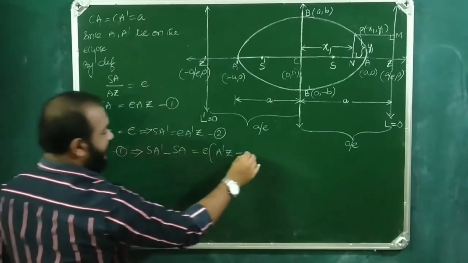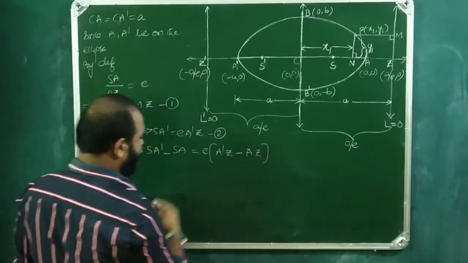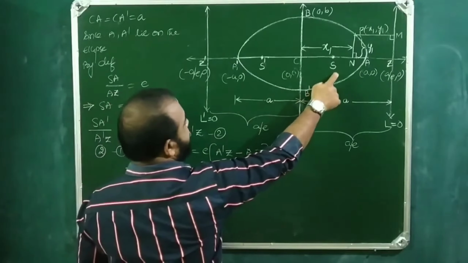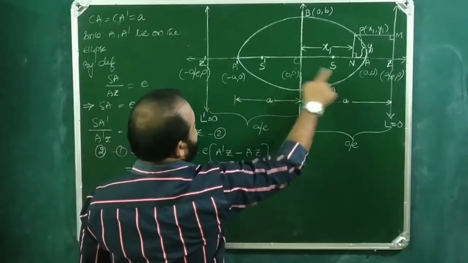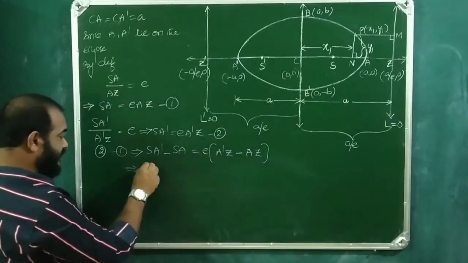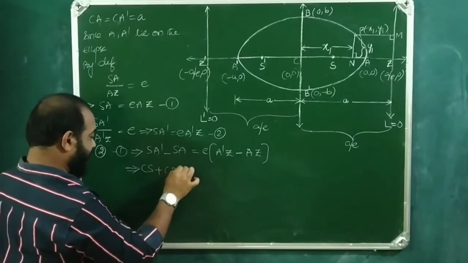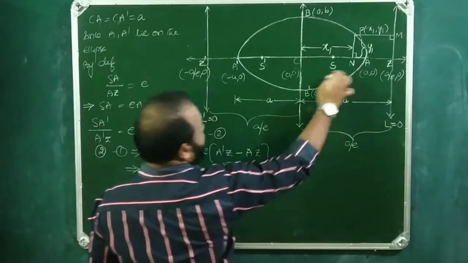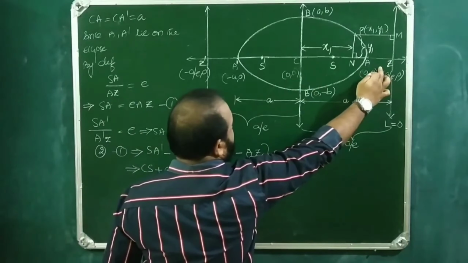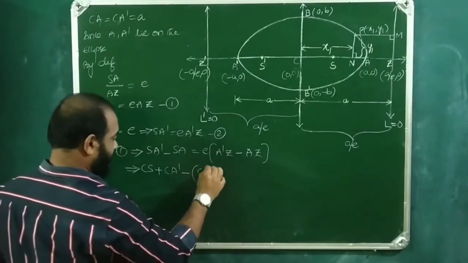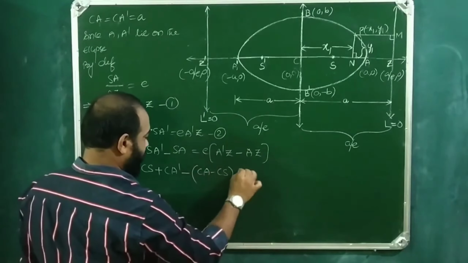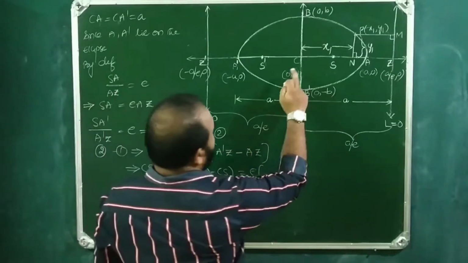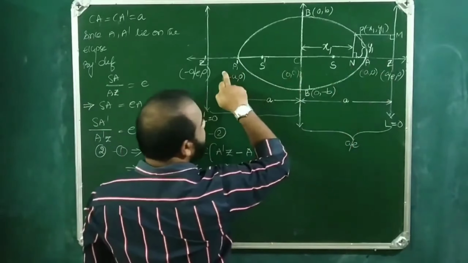Take E in common, then AZ. This is equals to, SA dash can be written as CS plus CA dash, minus SA. This SA can be written as total CA minus CS, equals E into A dash Z. A dash Z is this large segment.